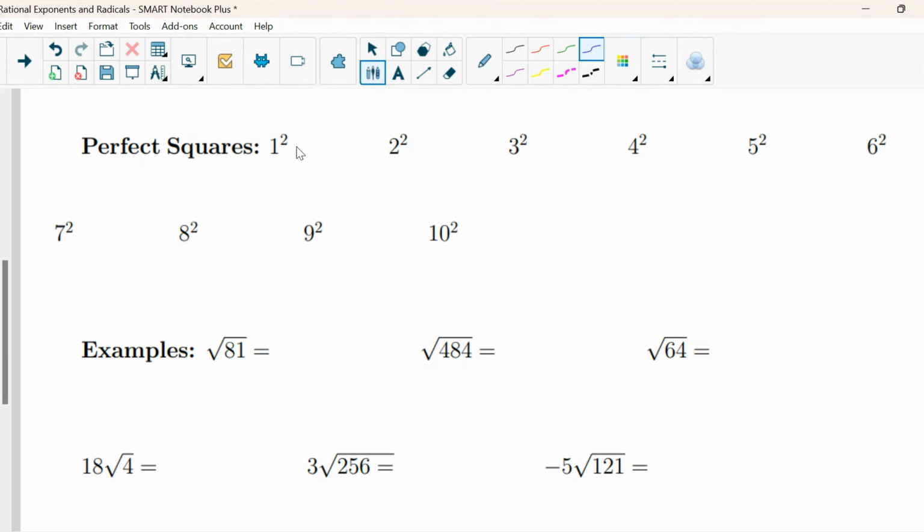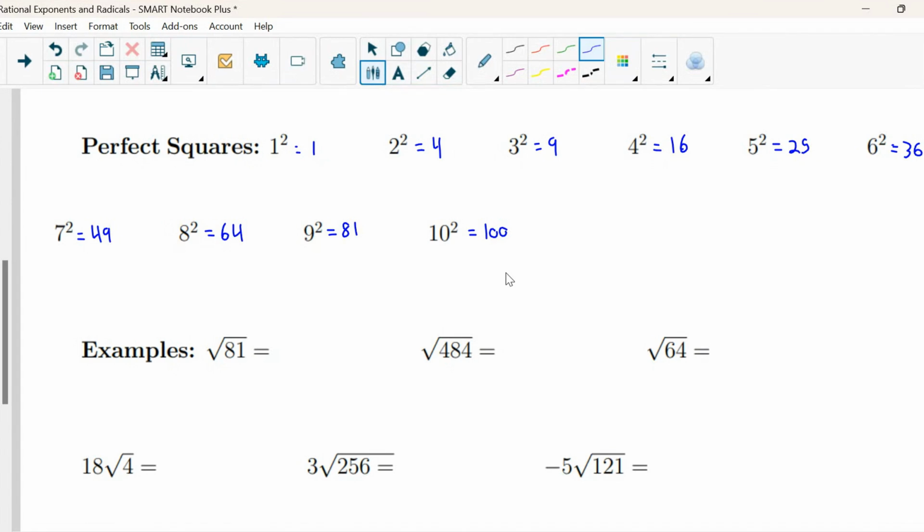So let's go over our perfect squares quick. 1 squared is 1, 2 squared, or 2 times 2, is 4, 3 squared, 3 times 3, is 9, 4 squared, 4 times 4, is 16, 5 squared, which is 5 times 5, is 25, 6 squared, which is 6 times 6, is 36, 7 squared, or 7 times 7, is 49, 8 squared, 8 times 8, 64, 9 squared, 9 times 9 is 81, and 10 squared, 10 times 10 is 100.